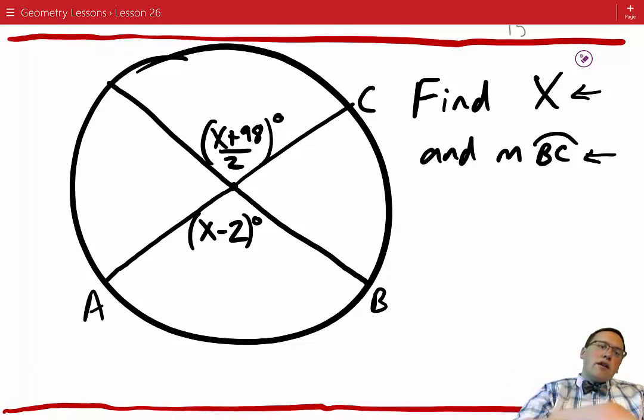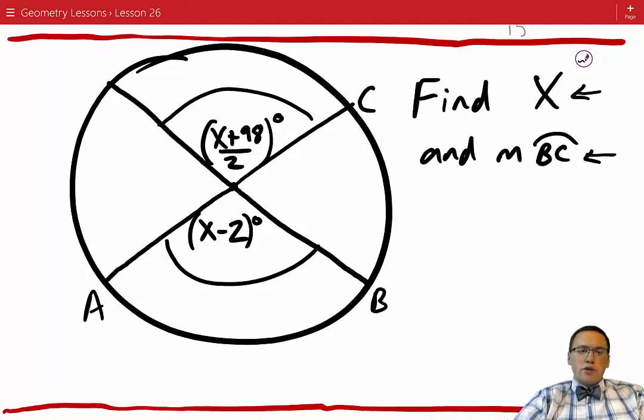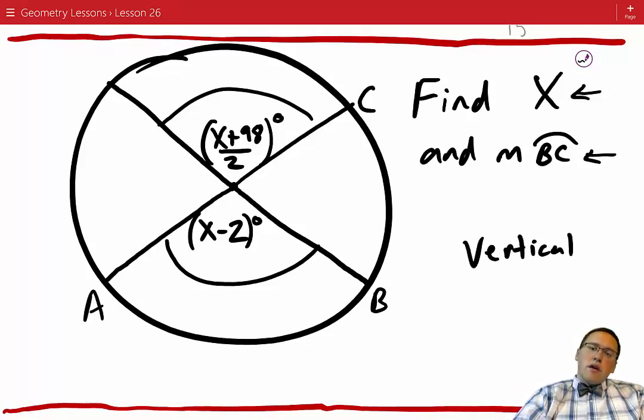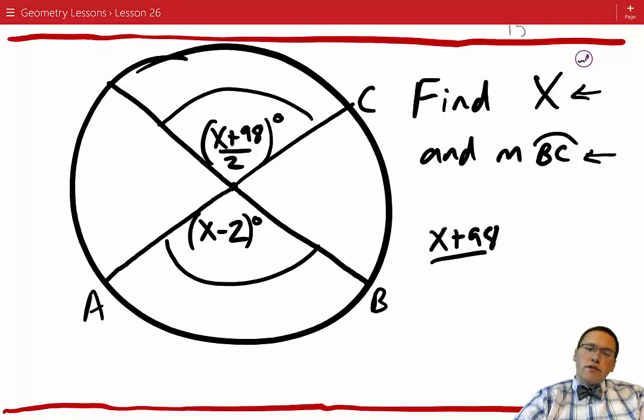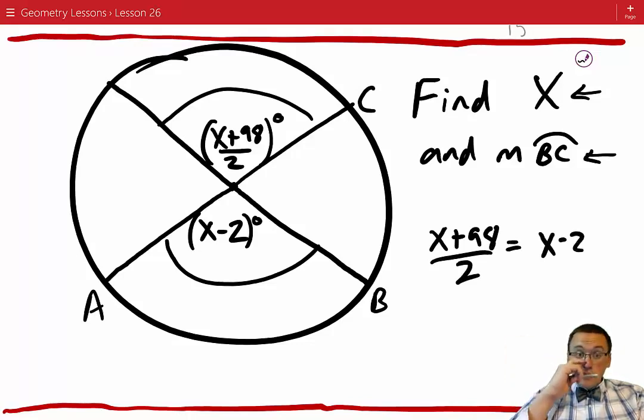Notice that these two angles are on either side of crisscrossing lines, which makes them vertical angles. And we learned in an earlier lesson that vertical angles are always congruent. So, that means we can say (x plus 98) over 2 should equal x minus 2.